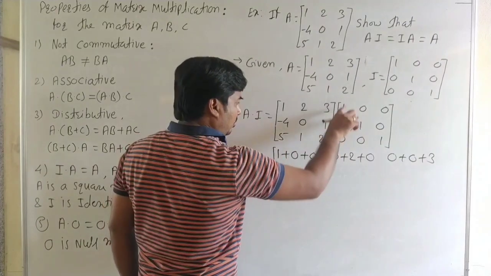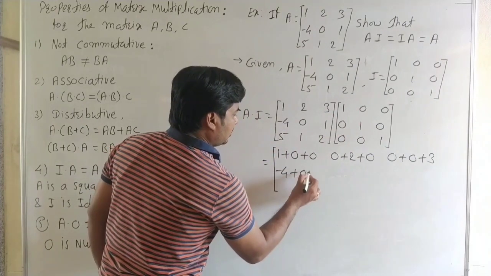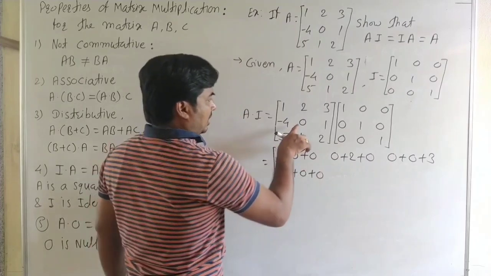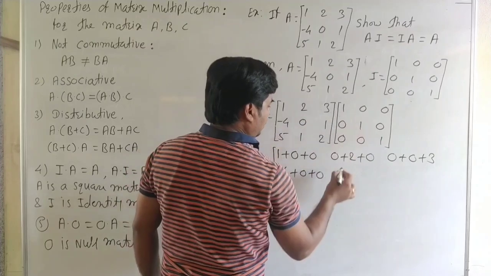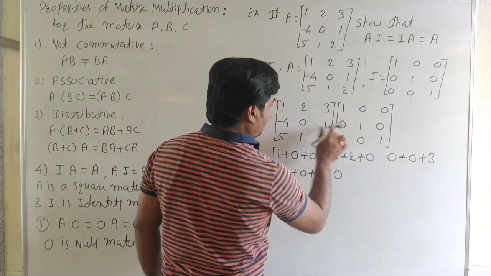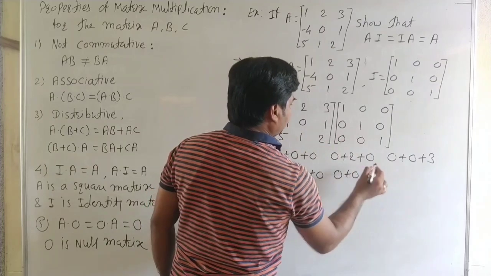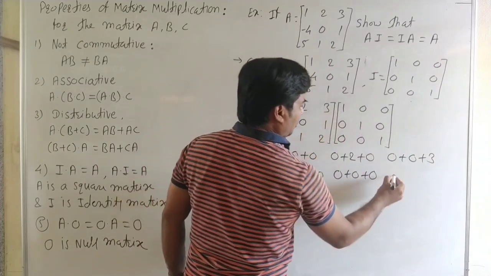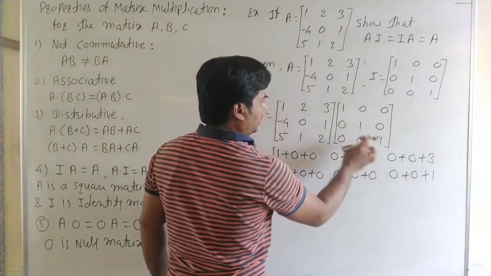Now second row, first column: -4 plus 0 plus 0. Then second row, second column: -4 into 0 is 0, 0 into 1 is 0, and 1 into 0 is again 0. Second row, third column: 0 plus 0 plus 1 into 1.